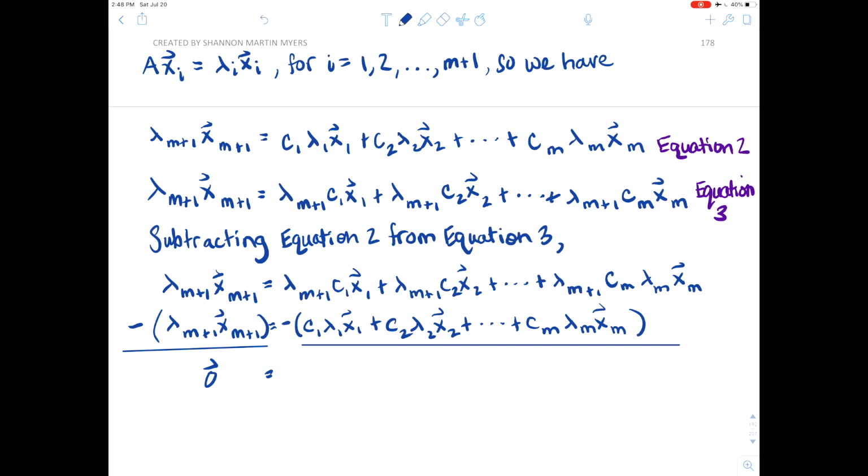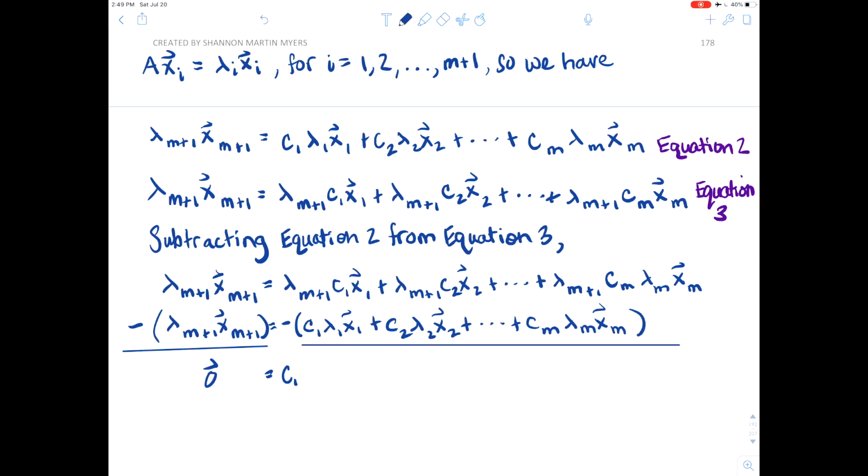Do you see we'll have the ci's in common, and we'll have the xi's in common. So I'm going to factor out a c1 on the left, and then we'll factor out the x1 on the right. And what's going to be happening?